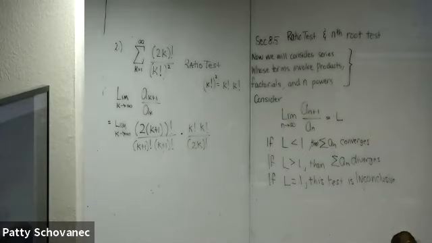Got a new marker in here. Which one was my new marker? Anybody else getting a limit of 4?